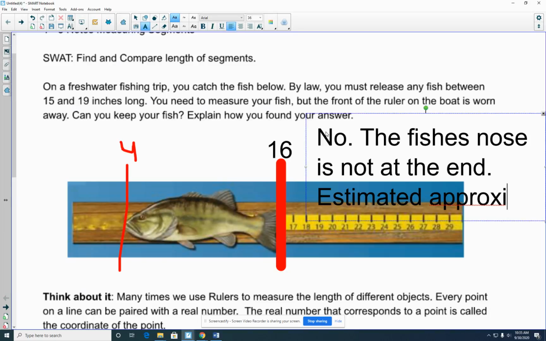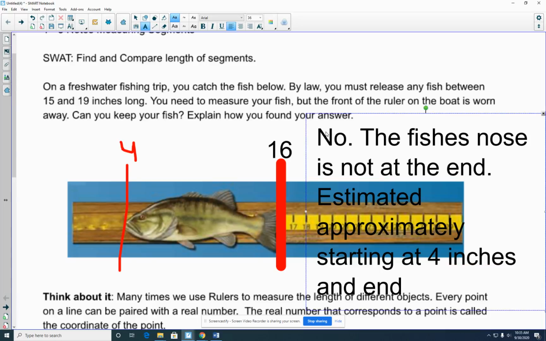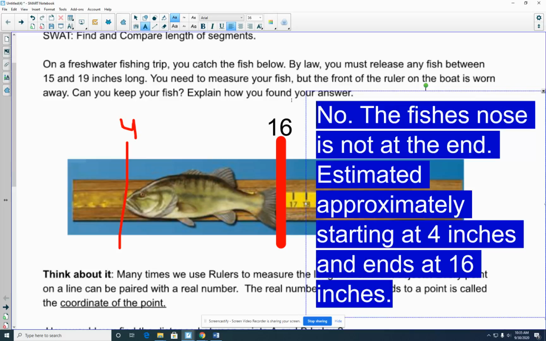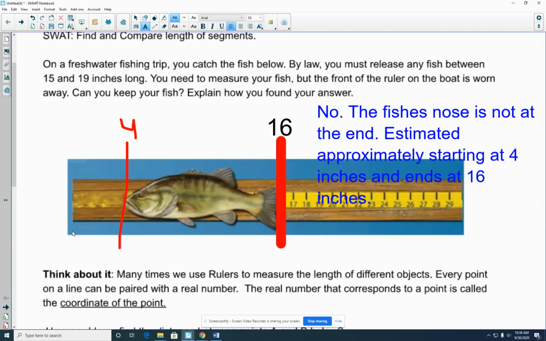So it's approximately starting at 4 inches and ends at 16. So clearly this fish is too short. Let me make this a little smaller. And there we have it.